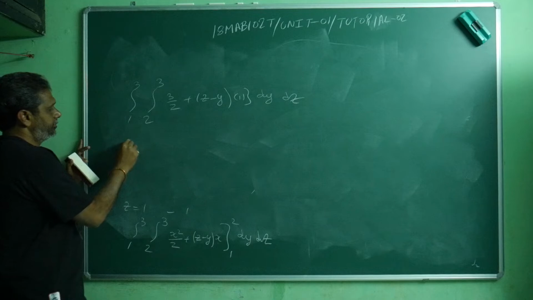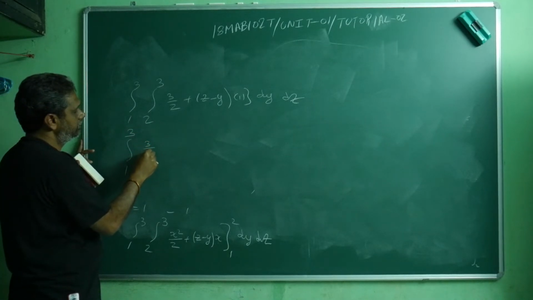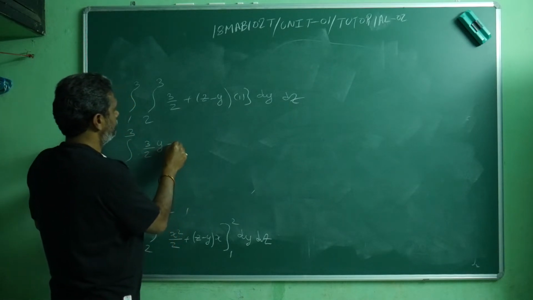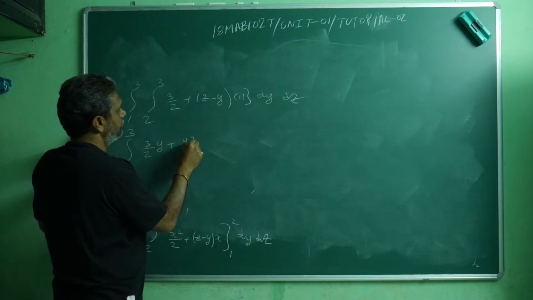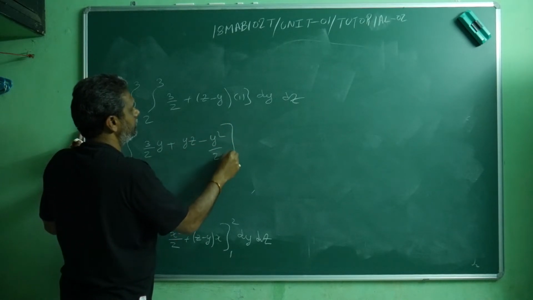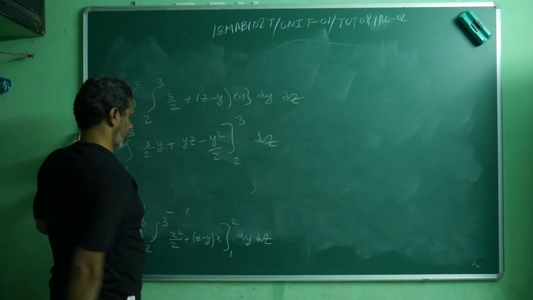Now we can integrate with respect to y, 2 to 3. This is 3 by 2 y plus yz minus y squared by 2, limits 2 to 3, dz.